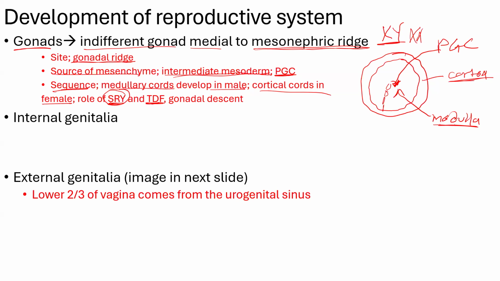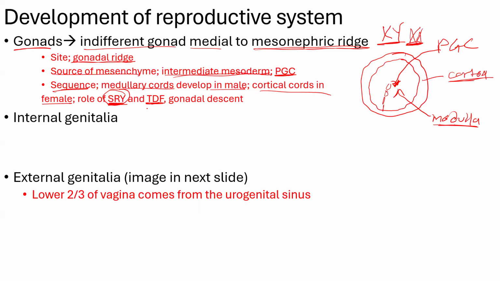So if the SRY gene is not there, and when is the SRY gene not there? When the genetic sex is XX. If the genetic sex is XX, there is no SRY, so there is no TDF, and therefore the indifferent gonad takes a default pathway and becomes an ovary. So for you to develop an ovary, you do not require anything.